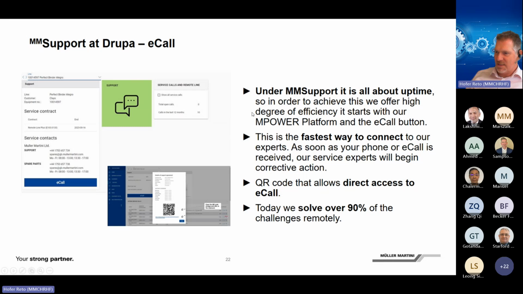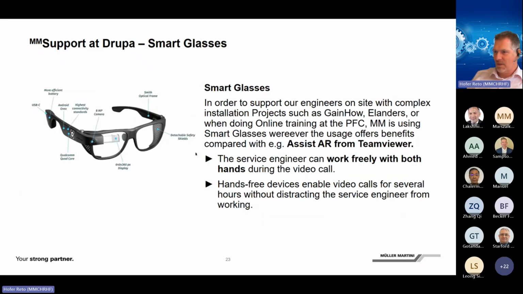Yes, so this is on eCall. As I said, on the Drupa machines, we will have one of these QR codes, so customers can just scan that and see what happens, how the website looks, how the eCall works.